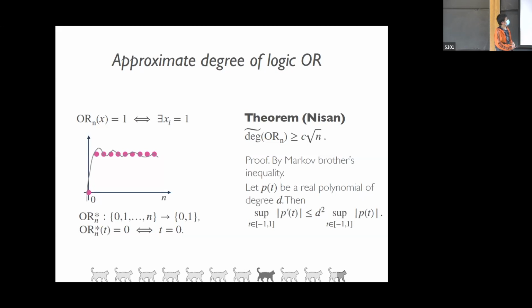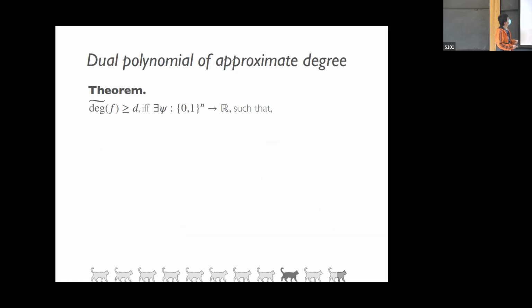Another method to prove an approximate degree lower bound that I want to mention very quickly is the following. If the approximate degree of function f is large, then we will be able to find a witness function. In particular, this witness function will have high correlation with our function f, so the inner product must be large.